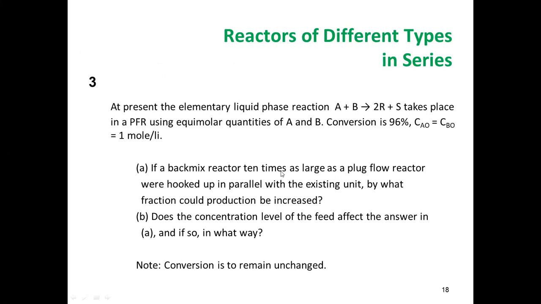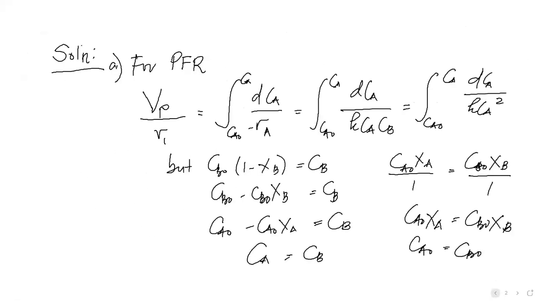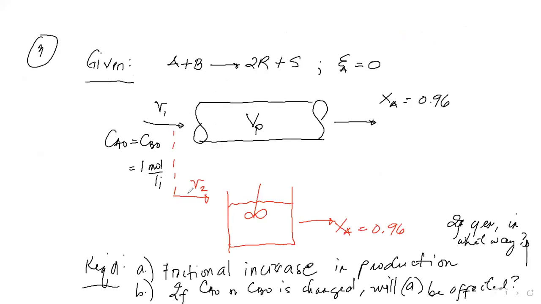So we can have a relationship between the volumes of these two. Okay? Backmix is 10 times as large as the plug flow. So if you write it on our given information here, I think we have not written it. The volume of this backmix reactor is 10 times that of the plug flow reactor.